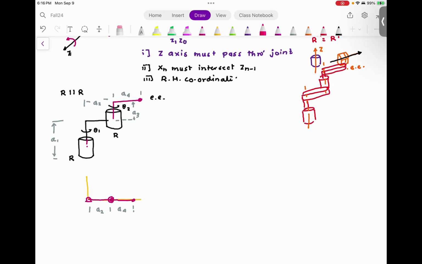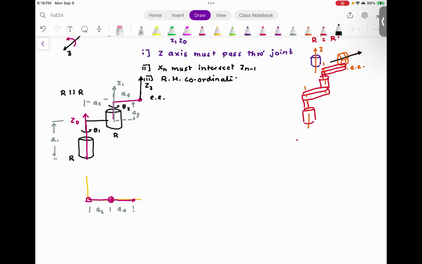By the rule, the z-axis must pass through the joint. So without any comment, I can say this is going to be my axis z0. I'm going to say this is going to be my axis z1. And this is going to be my axis z2.